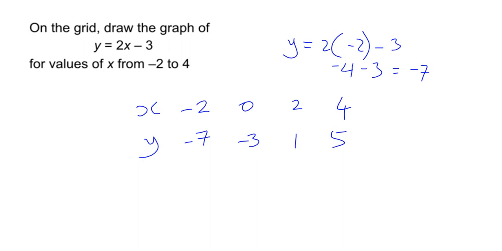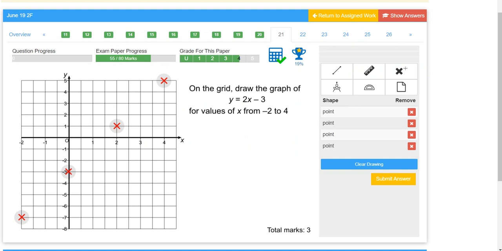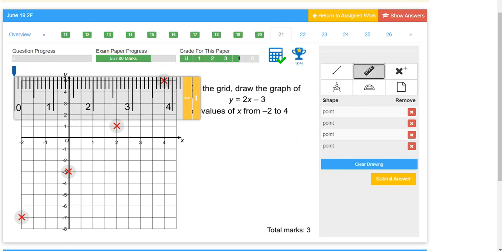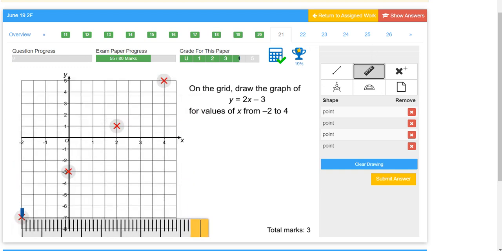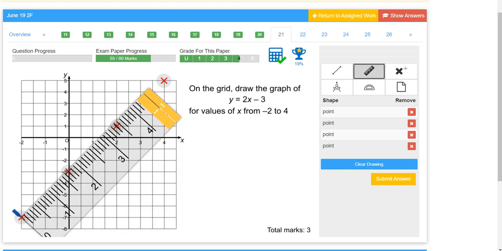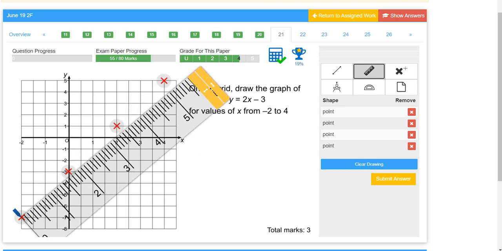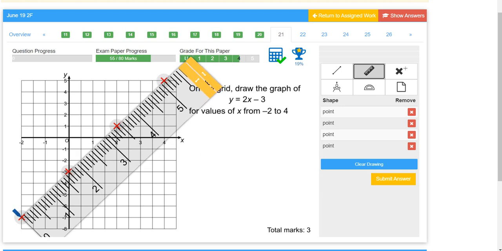So now I need to plot those points on my graph. So there I've plotted those 4 points that I calculated. So I grab my ruler. I'm going to take it down to the beginning point, and then I'm going to twist it around and make it a little bit longer. And hopefully we can plot all of those points just from one corner to the other.